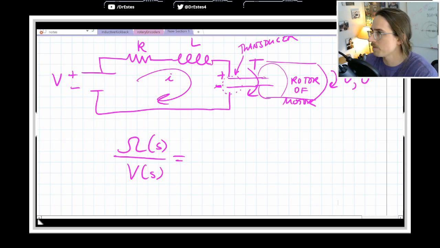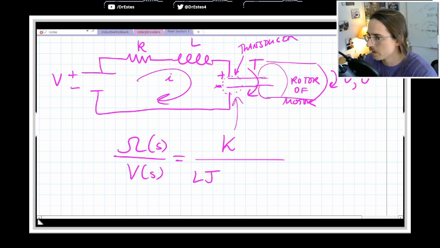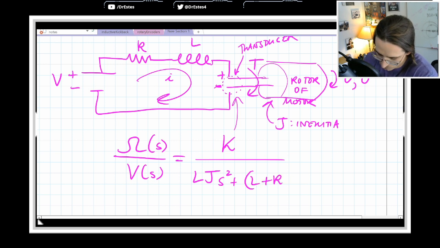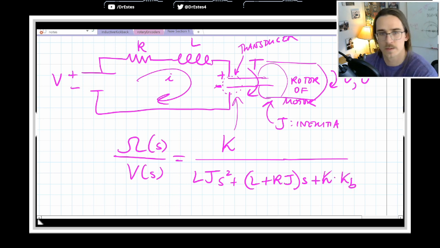But we have some torque constant. This is part of the transducer, by the way, but I'm just writing this out to make an example. So J, this is the inertia of the motor. I just want to make the point that you could go through Newton's laws, you could go through Kirchhoff's loop and voltage rules and so on.